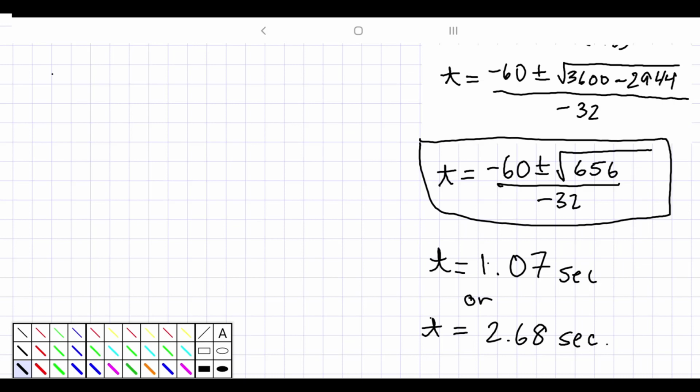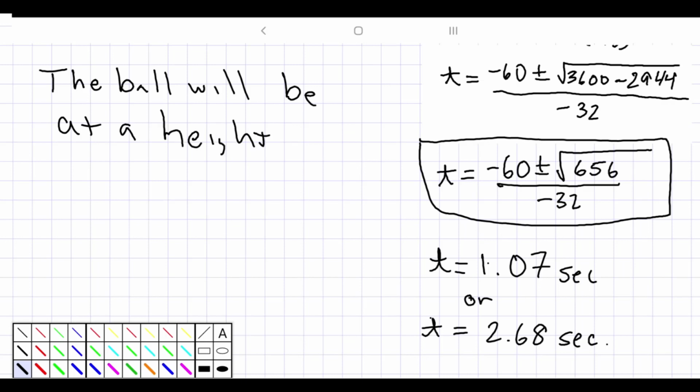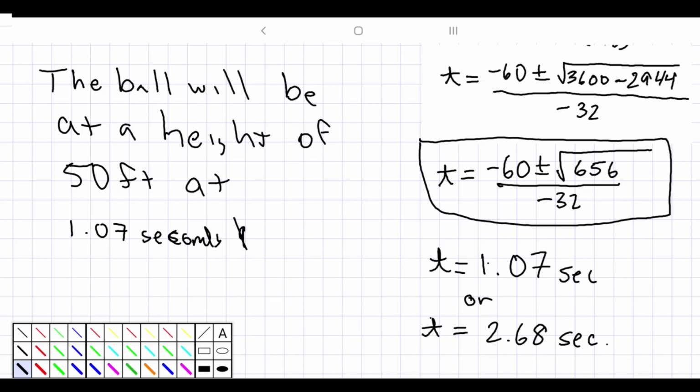So the ball will be at a height of 50 feet at 1.07 seconds and 2.68 seconds. And we're done.